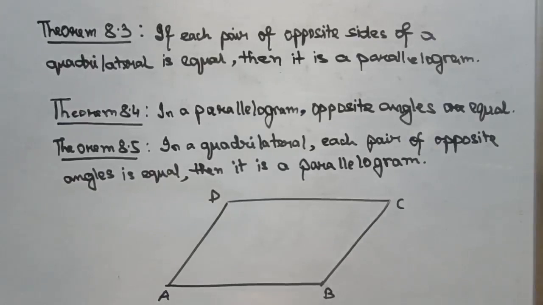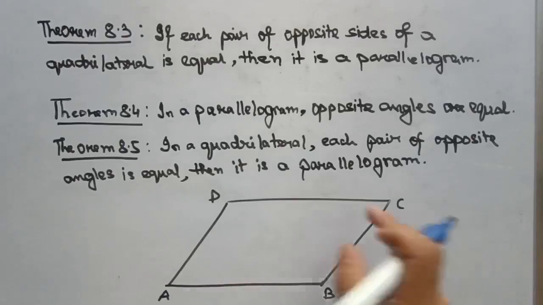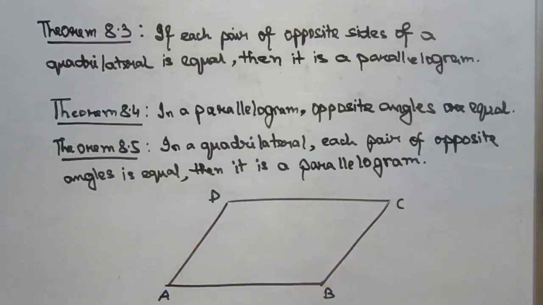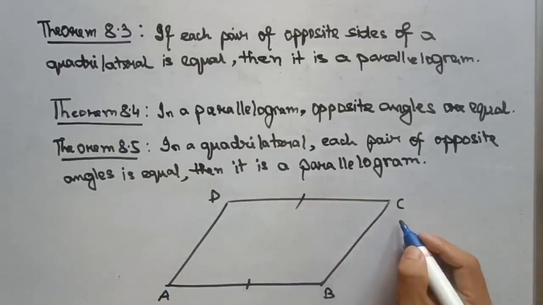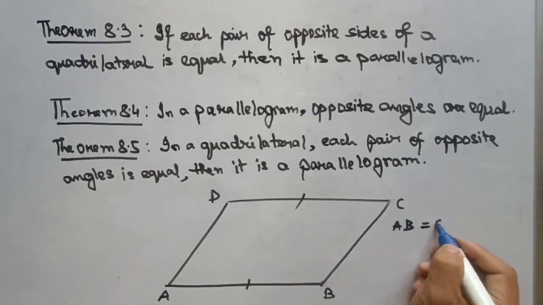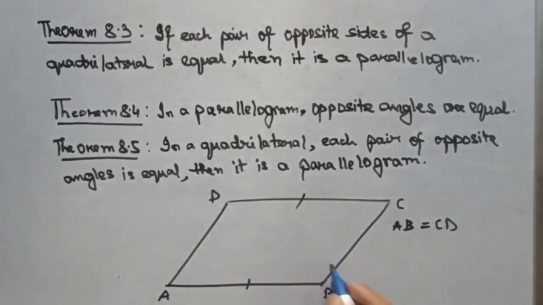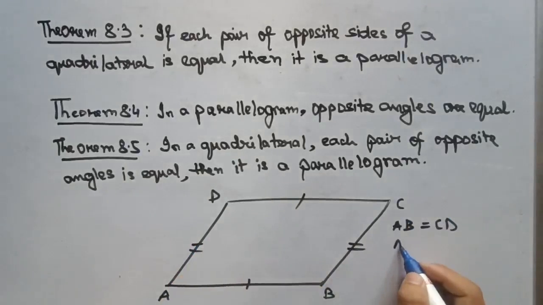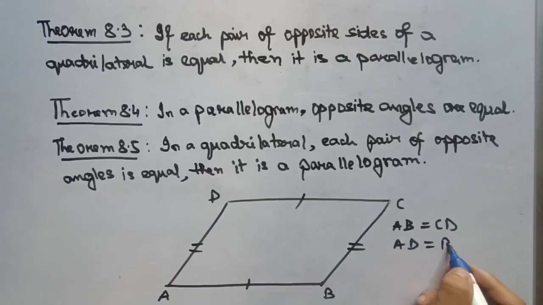For example, in this quadrilateral ABCD, if AB is equal to CD and AD equal to BC, then the given quadrilateral is a parallelogram.